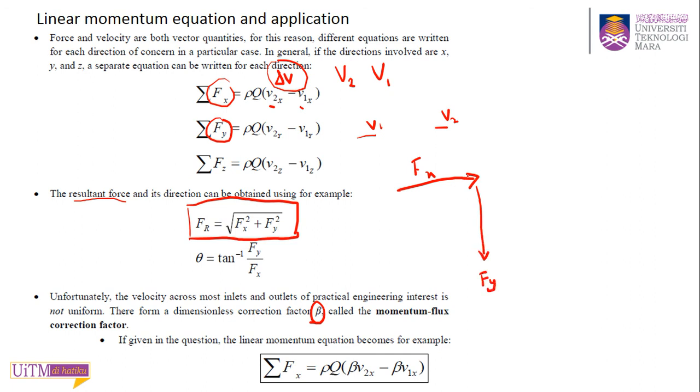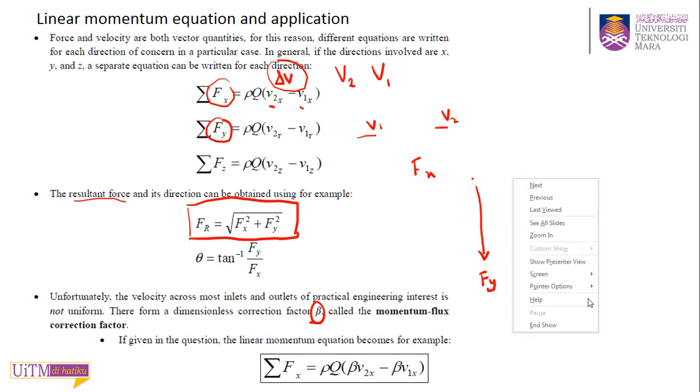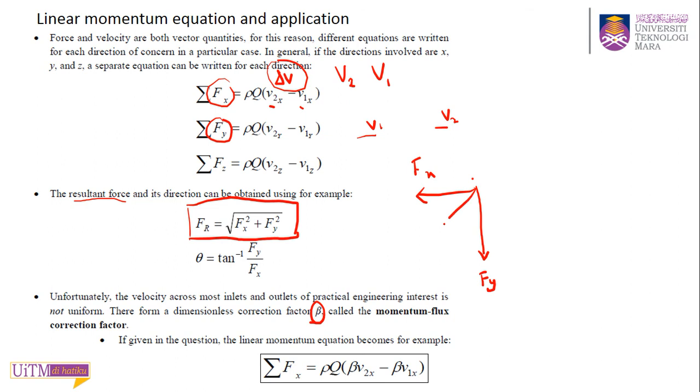Sorry, wrong arrow. So this will be Fx, Fy. So this is your resultant force. So your question is whether the angle is here or here. What do you think from this equation?